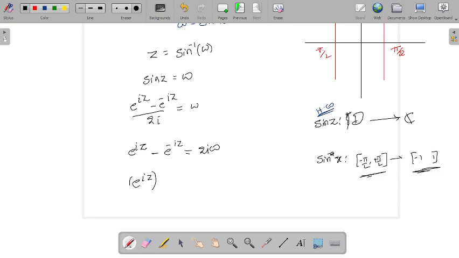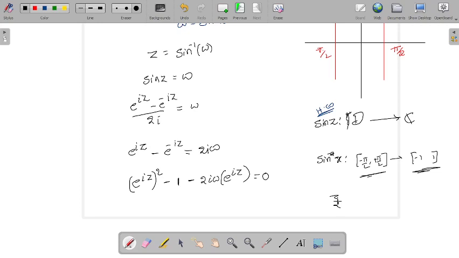Now you can assume this one as some k. Since I used w, I don't want to take it. x is not better, y is not better. What should I take? Let me take some z like this. Let me assume this, I mean e power iz, I'm going to replace with it.